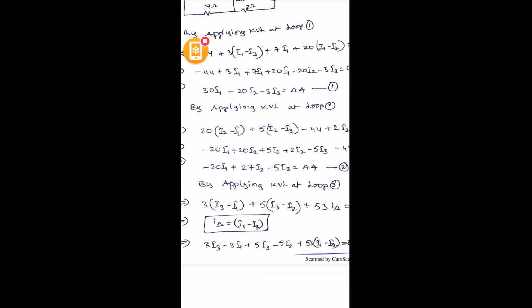You know I delta is I1 minus I2. So 3 I3 minus 3 I1 plus 5 I3 minus 5 I2 plus 53 times I1 minus I2 is equal to 0.